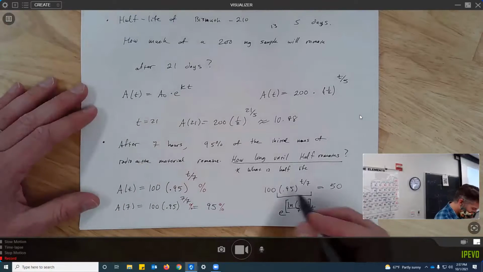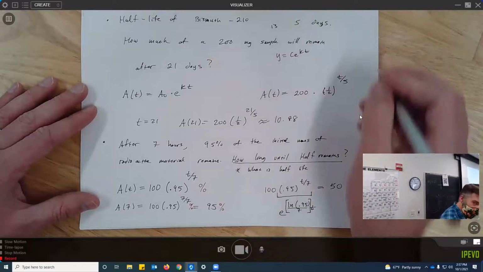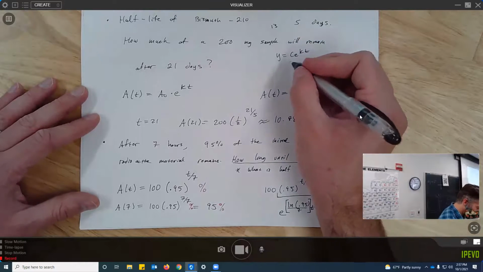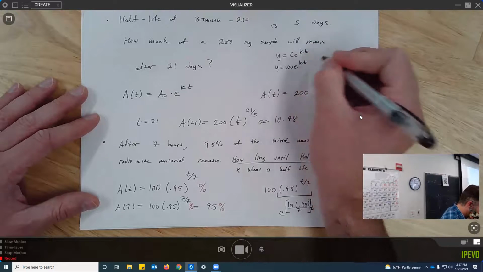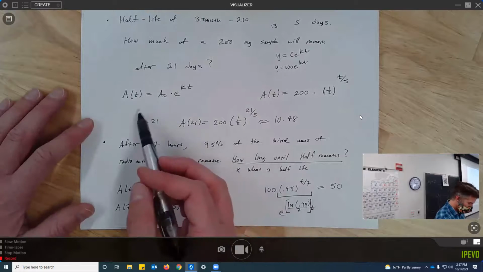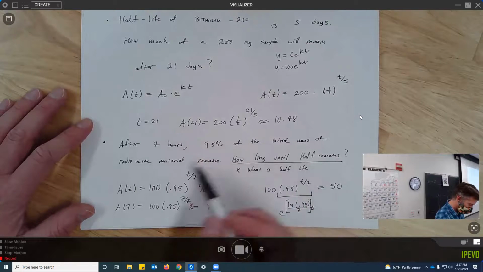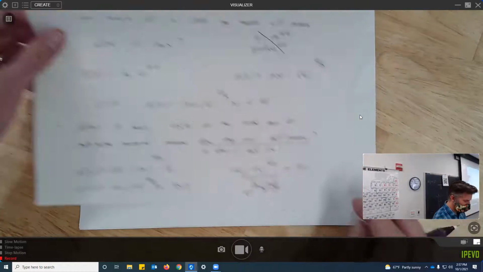The way you would get this is you would start with y equals c e to the kt. You would plug in c equal to 100. And then you would use your other data point. Sorry, I know I'm way up. I'm in the wrong area. There's a different problem, right down here.